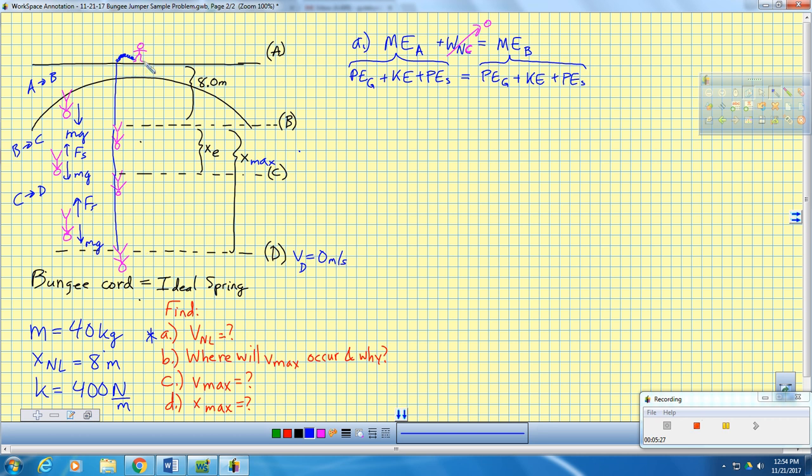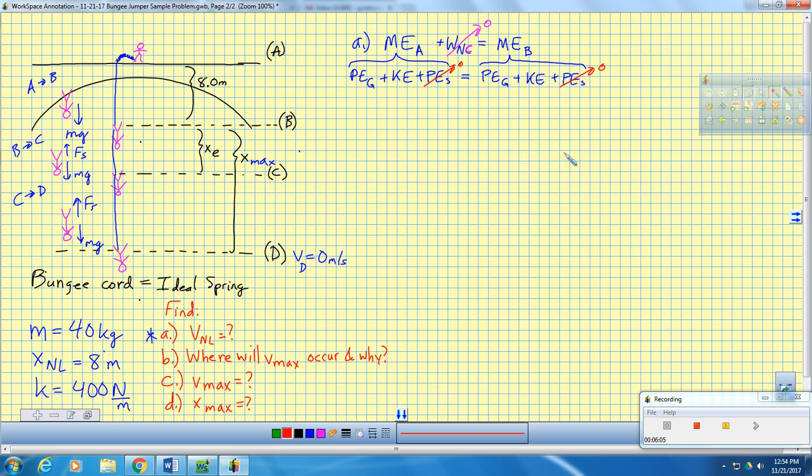But along here, from A to B, we're not stretching the spring, so we don't have to worry about spring potential energy anywhere from A to B. So spring PE is going to be 0, because we didn't stretch the spring yet. And since it's like a rope, we don't have to think about it as being compressed at all.